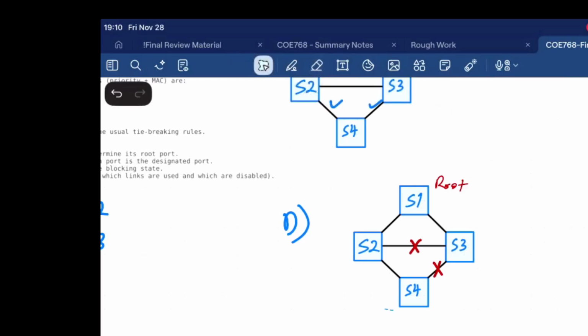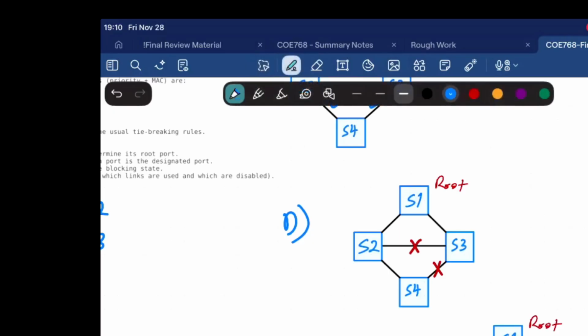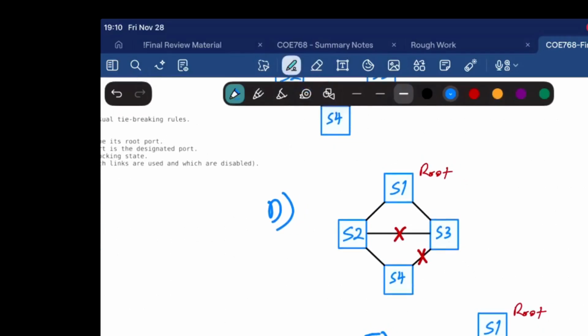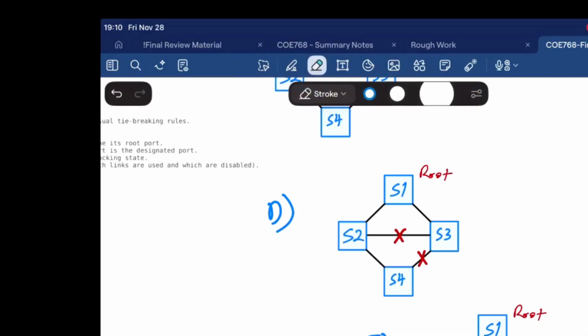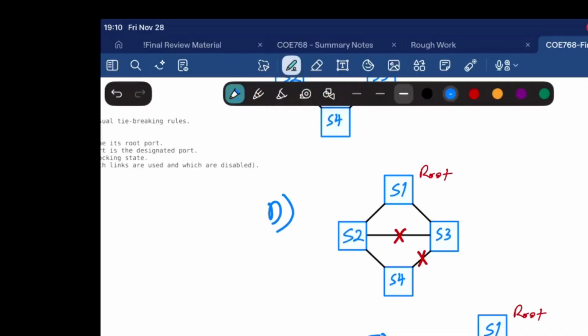So we'll do one final one, and we would just not include these two links, as this is our final spanning tree that has been designed.